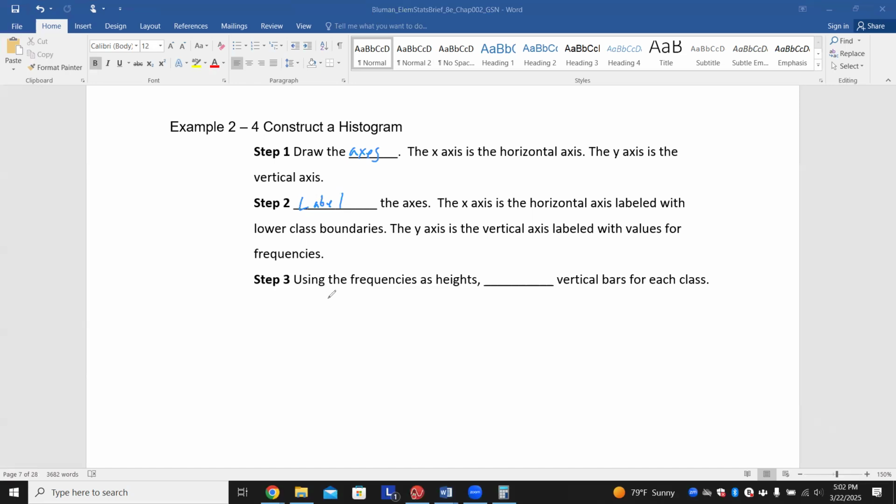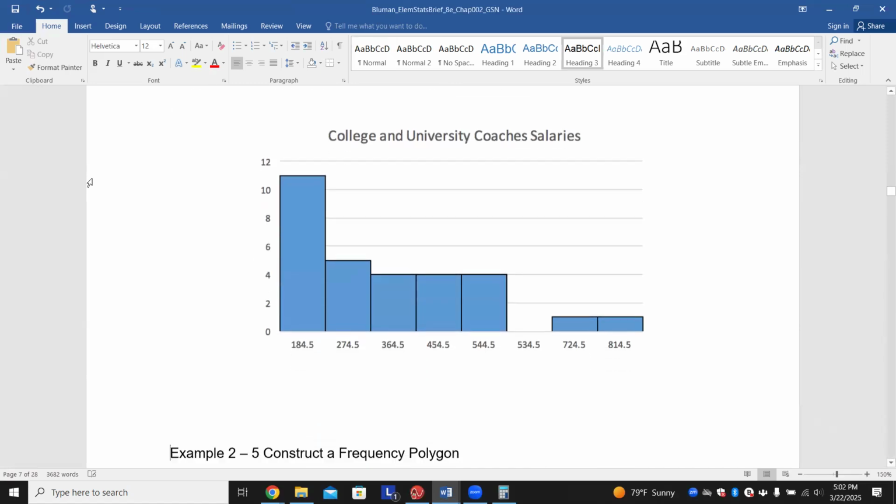Step 3, using the frequencies as heights, we're just going to draw the vertical bars for each class, displaying our data. This is already done for you to save some time, but we're going to add a couple things to it. All right, so here we go.